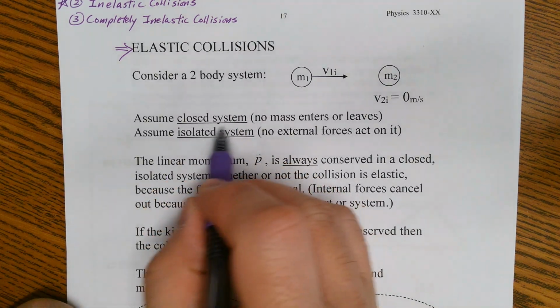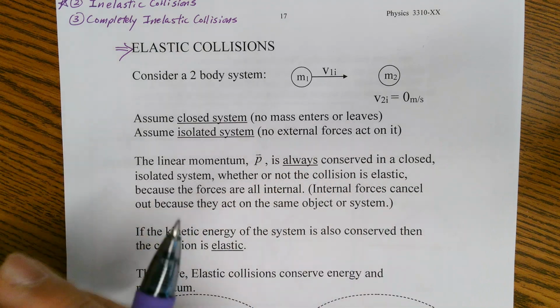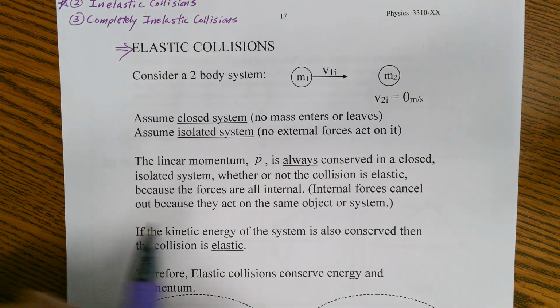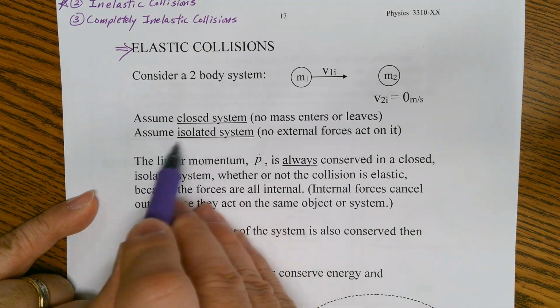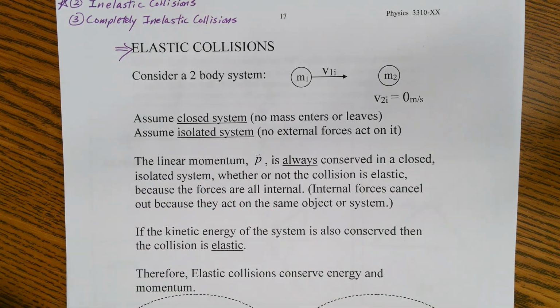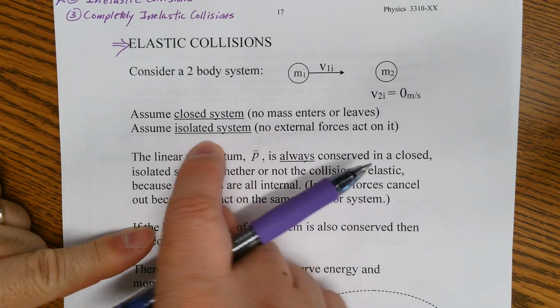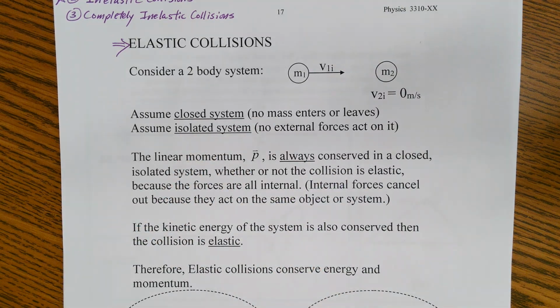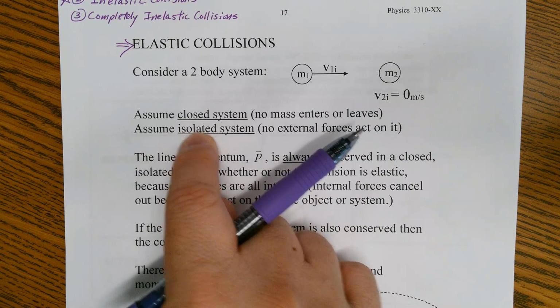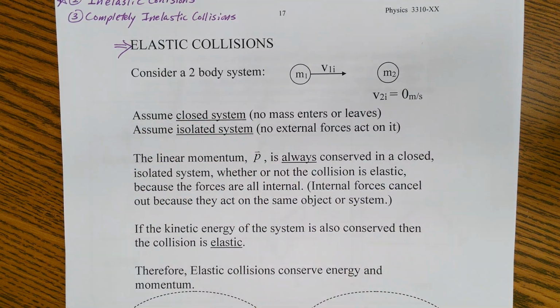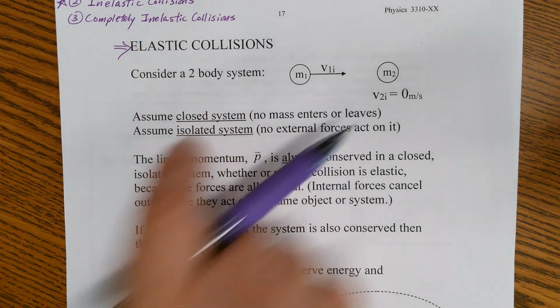So closed system means all the mass is conserved; there's nothing lost or gained. An isolated system means there are no external forces acting on the system during the collision. All the collisions we're going to talk about are closed and isolated systems, so make sure you understand that these two conditions have to be met.